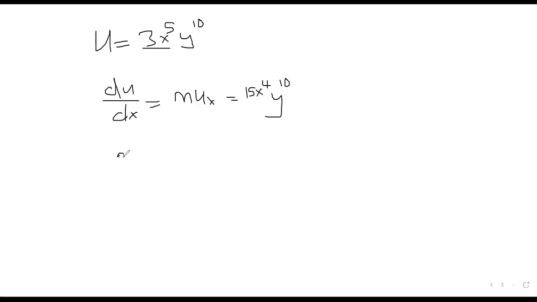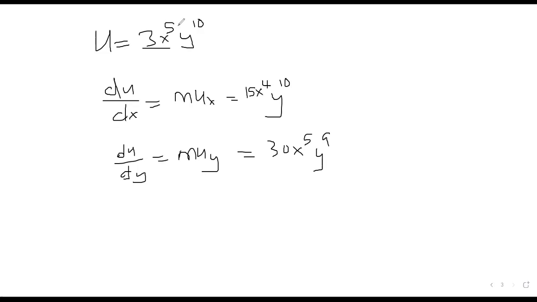Then we differentiate again du over dy. This is called the marginal utility of Y. Our dummy in this case is what? x^5. We're going to differentiate 3y^10. So 3y^10, when differentiated, will be what? 30y^9.